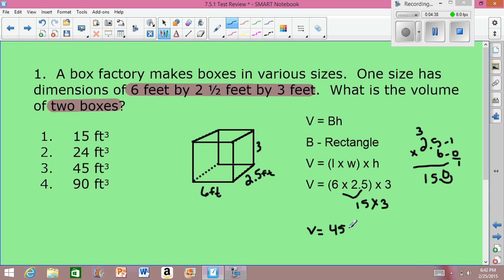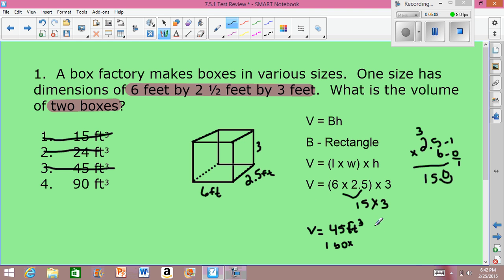But remember, that is just the volume for 1 box. Excuse me, cubed, not squared, cubed. But this is for 1 box. And the question told us that we want 2 boxes. I want you to see how the answer 45 is there. That's the first answer we eliminate. And if I have 2 boxes, it can't be less, so we can eliminate those answers.